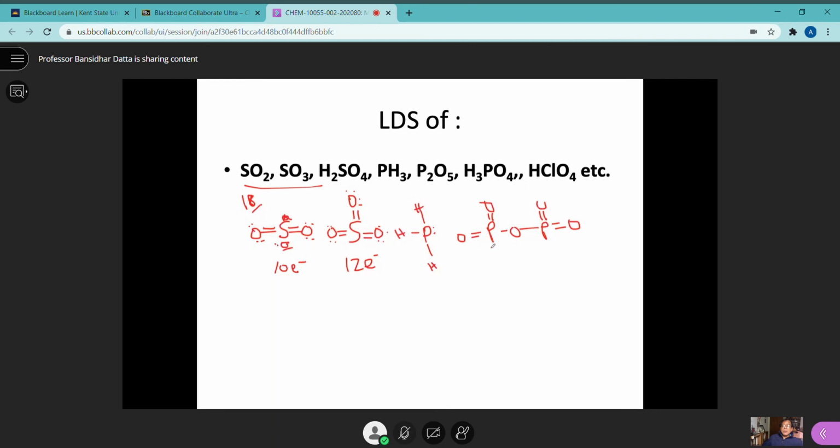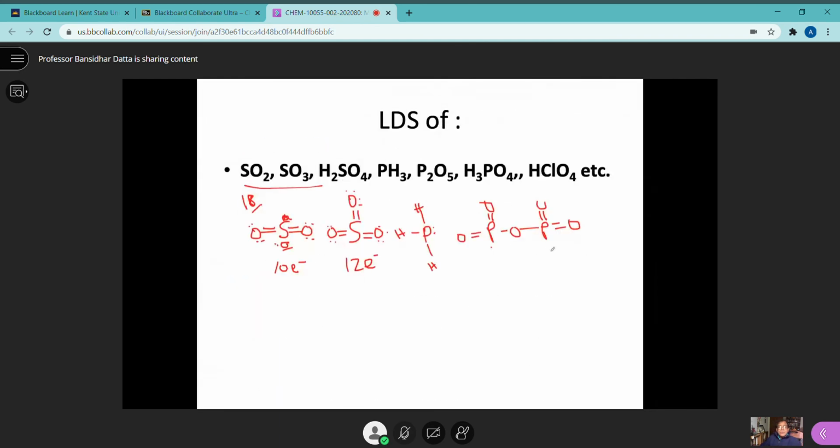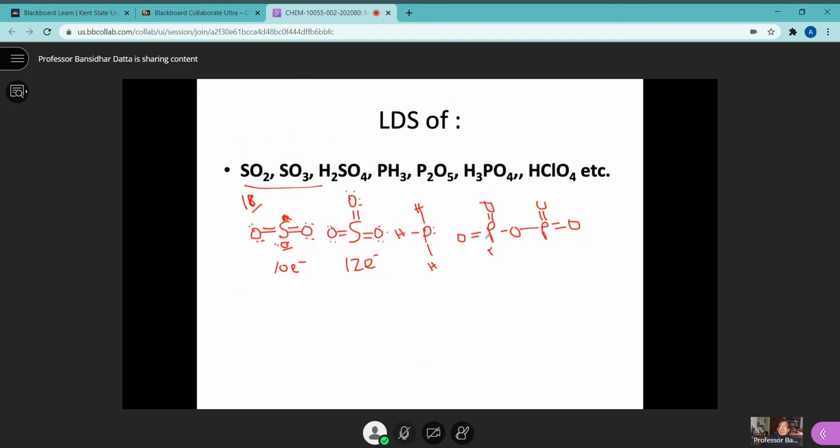So phosphorus has how many electrons? This phosphorus has how many electrons? 10. Right? 4, 4, 8, 10. That's right, 10 electrons. How about this phosphorus? Also has 10 electrons.